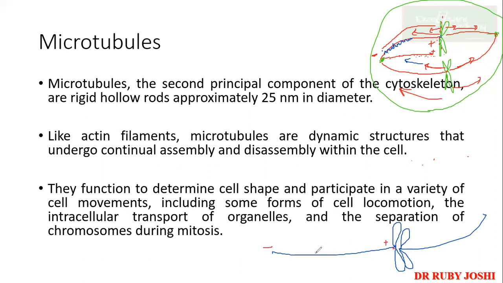Now you are saying that it will depolymerize from the minus end. So what does depolymerizing mean? Slowly, this portion is getting removed, right? But it is not pulling the sister chromatid in this direction.